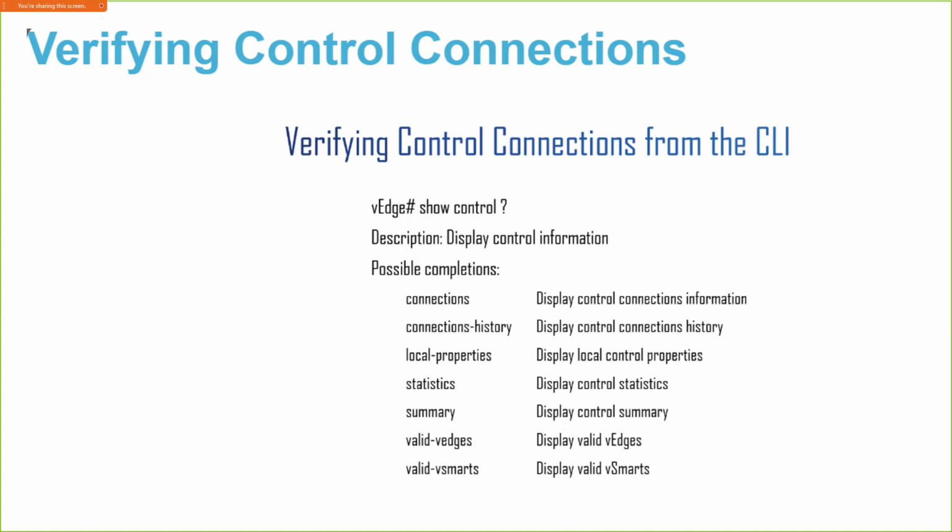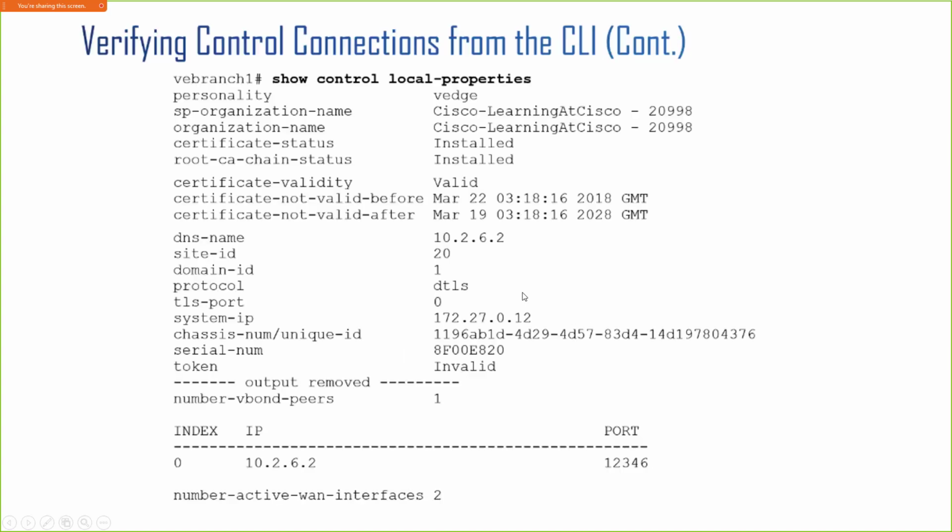So it depends on which type of device you're trying to authenticate, right? But we can see there's some other options here: show control connections history, local properties, statistics, summary, etc. I'm going to talk about several of these throughout this process, and we're going to see some sample outputs from this on the screen here.